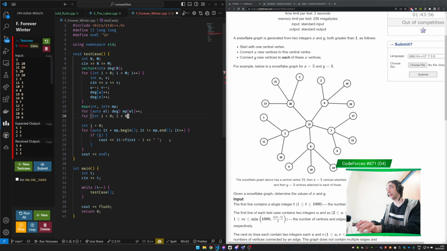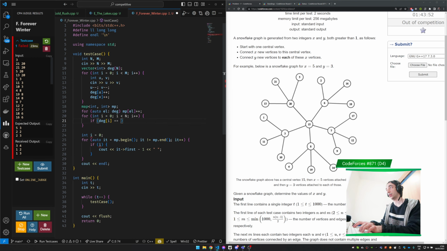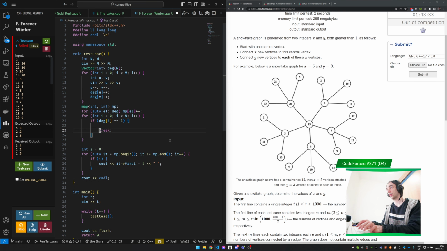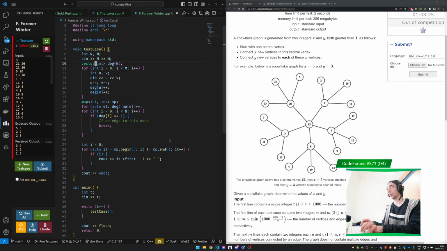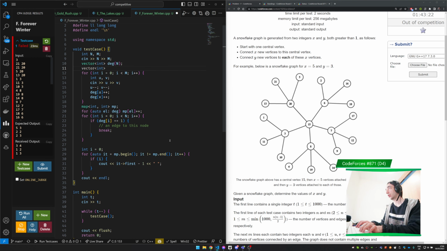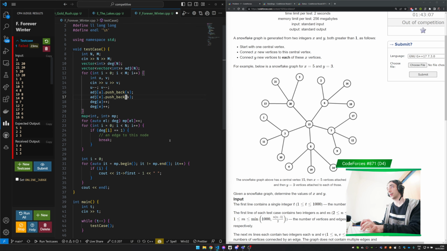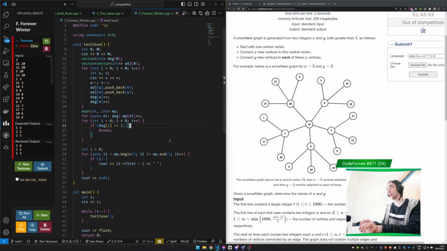So you can go over all of them: if degrees of I is 1, then this is a leaf node, which means that an edge to this node gets me to a node.